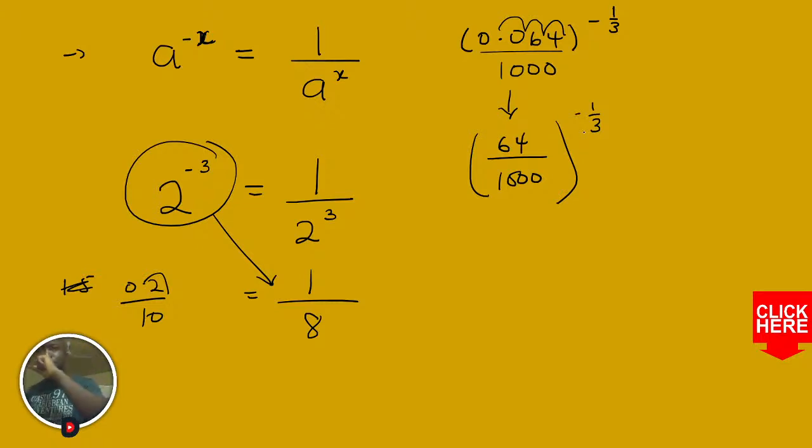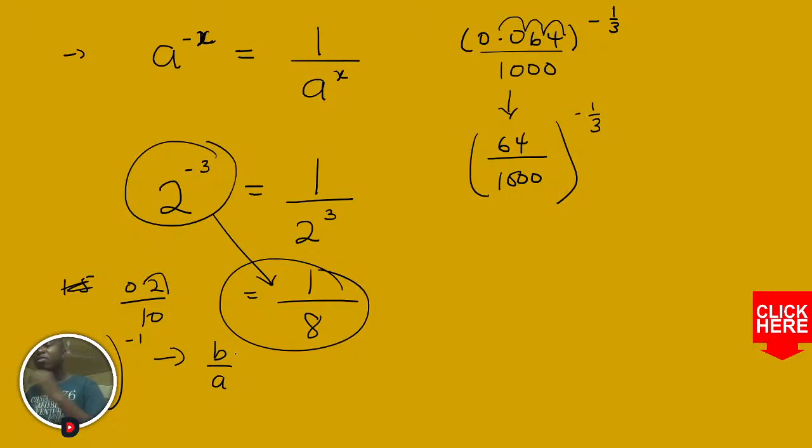So another rule I want you to pay attention to is that if I have a over b, all raised to the power negative 1, instead of doing this whole fraction thing, I can reciprocate the a over b to become b over a, and I'll end up getting the power 1. So the negative goes away when I reciprocate. Someone has a question.